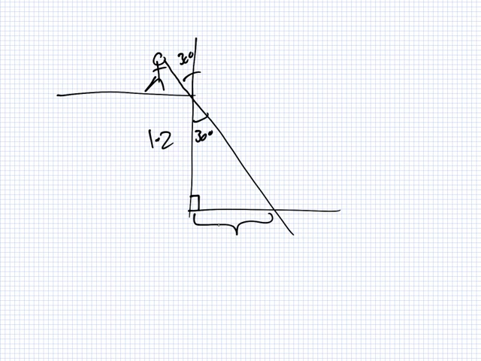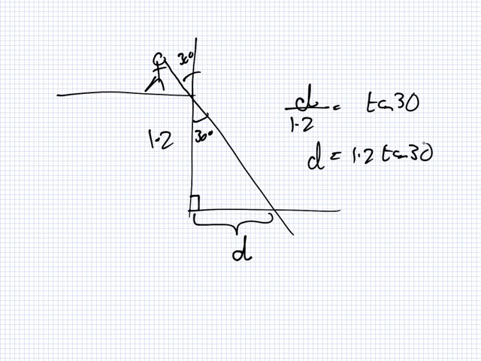So for example, if he sees this distance here is D, D over 1.2 equals tan 30. So D equals 1.2 tan 30. What's that D, please? 0.69. What is it? 0.692 meters. Okay, that's fine.